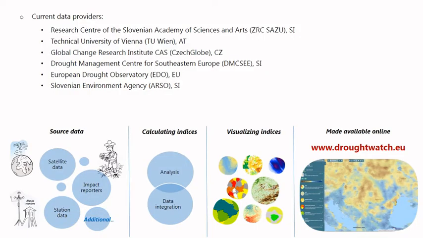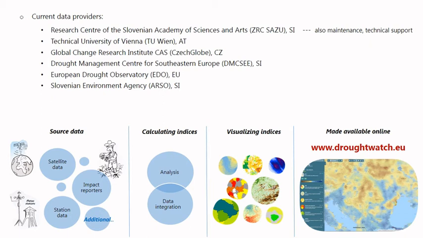Current drought indices available in Drought Watch are provided by a number of institutions. Among these is the Research Center of the Slovenian Academy of Sciences and Arts from Slovenia. That's the team that also set up the tool and provides tool maintenance and technical support. Then there is also the Technical University of Vienna from Austria, Czech Globe Partners from the Czech Republic, the Drought Management Center for Southeastern Europe based in Slovenia.